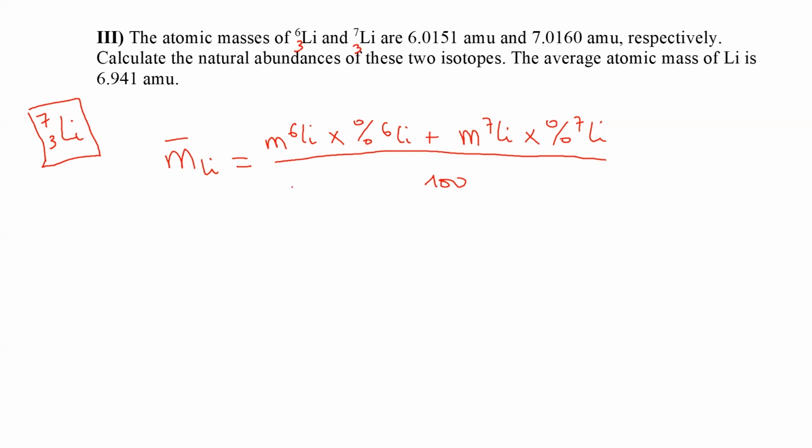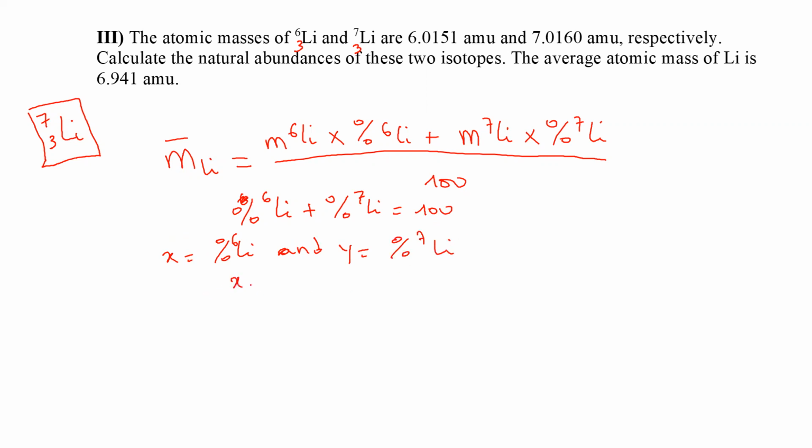And what else do we know? The percentage of lithium-6 plus the percentage of lithium-7 will be equal to 100. So let's pose X equal to the abundance of lithium-6 and Y equal to the percentage of lithium-7.